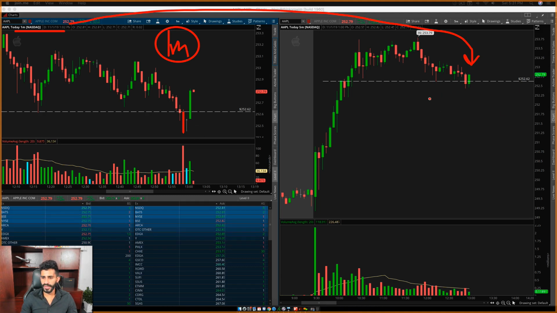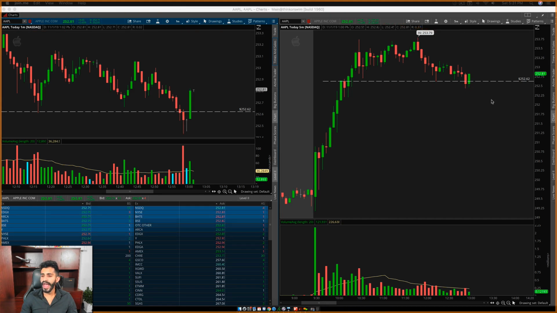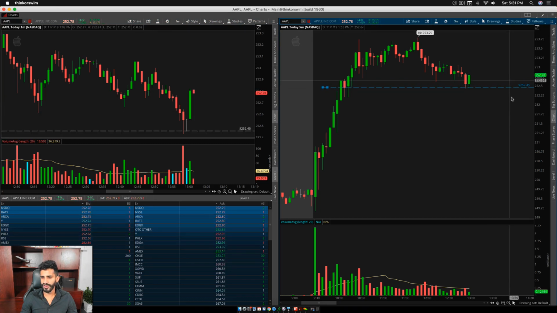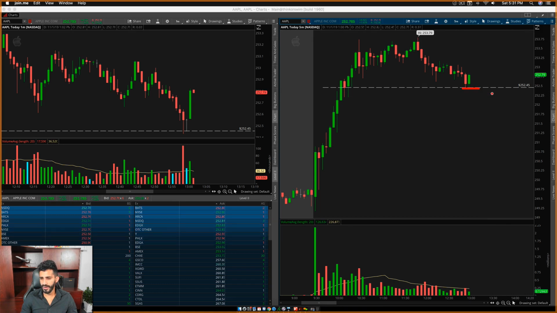On a 5-minute, it closed down here, but there are buyers stepping in. I have a support level at 252.62, but this is where buyers are exactly stepping in, around this area. Once again, it's an area, not an exact level. Around 252.45, buyers are stepping in, buyers are holding.